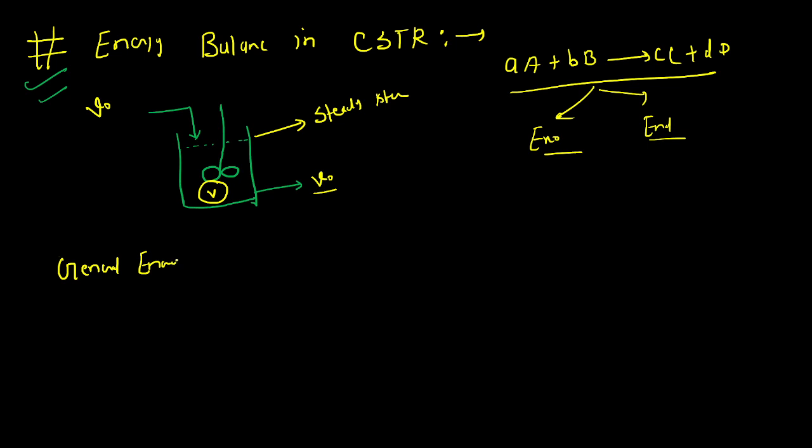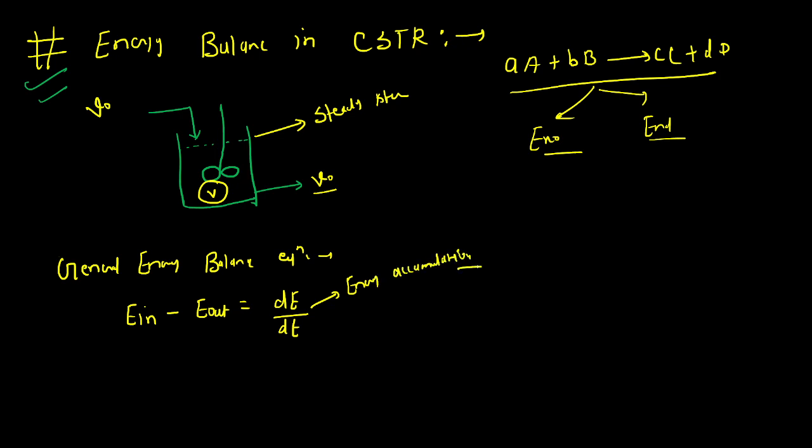So I will start with a general energy balance equation. Here can I write energy in minus energy out is equal to dE by dt, that is energy accumulation, right?